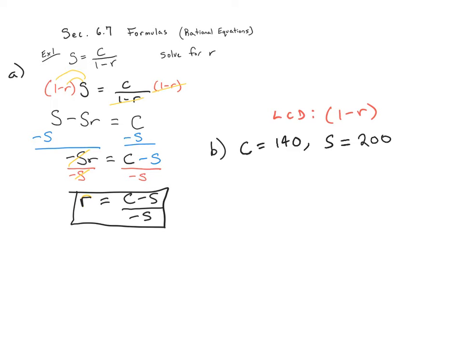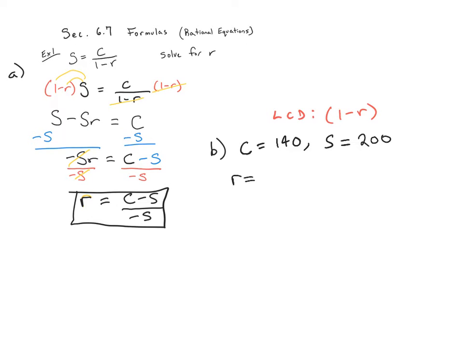Let's plug those numbers in and see if this matches our discussion from the beginning of the semester, because this is a classic formula of how to mark up items.